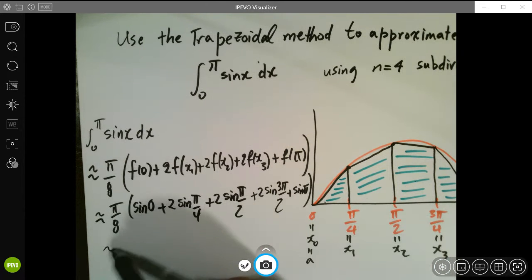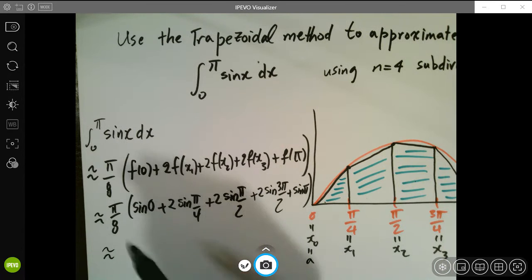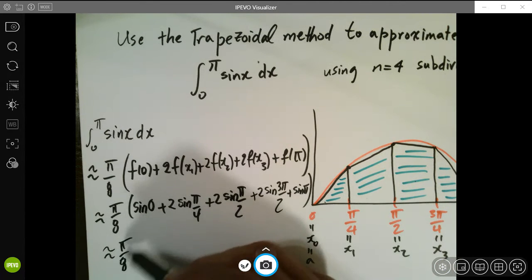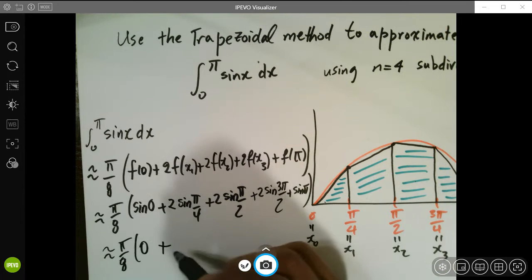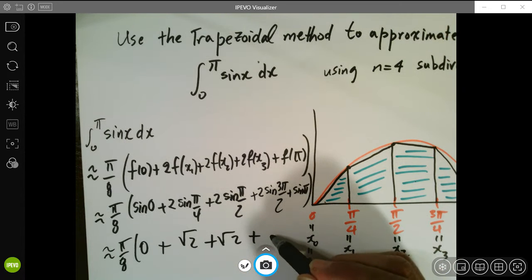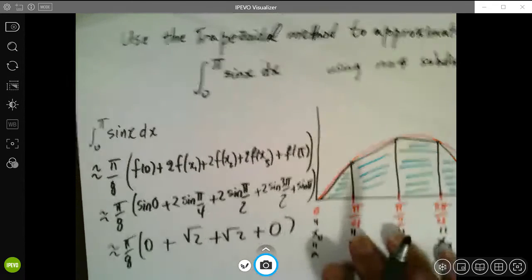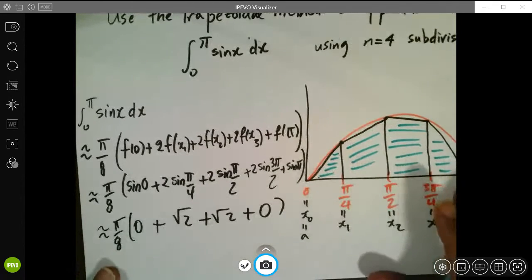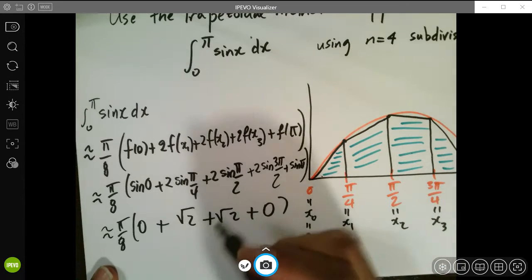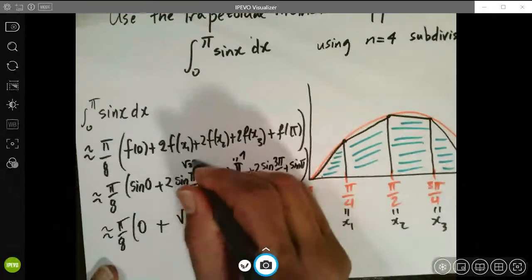Okay, this one is about, if you compute pi over 8, this is pi, because this is 1, this is the root of 2 over 2.